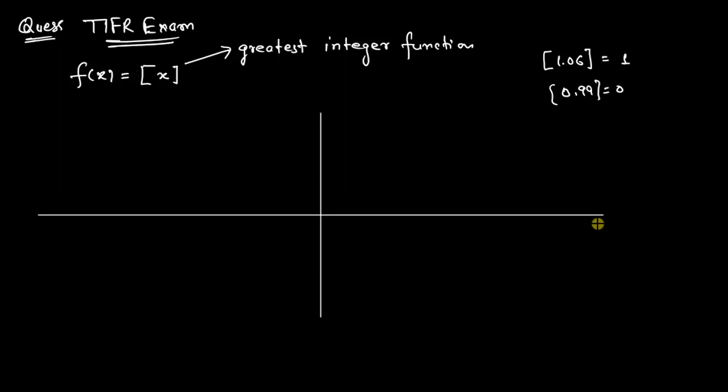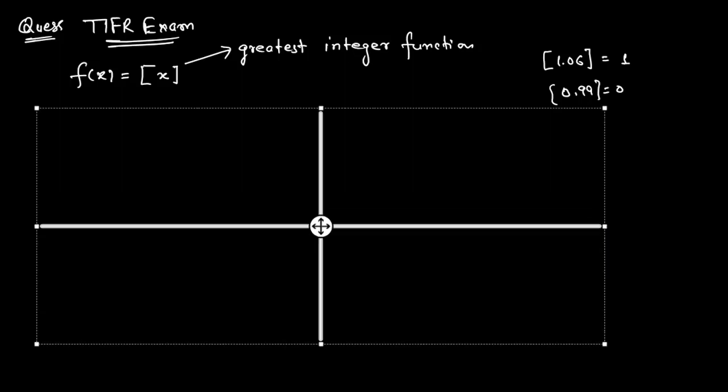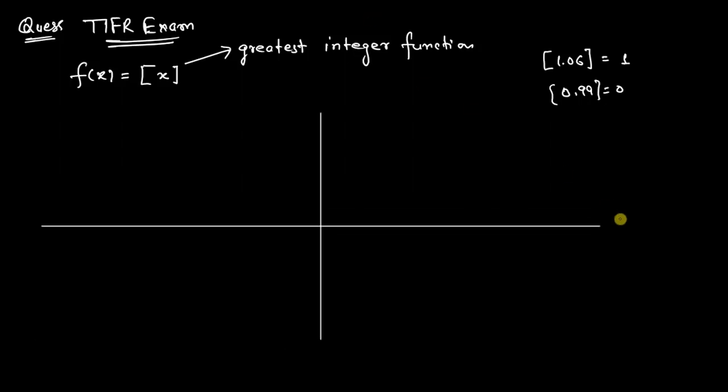Okay, so this is my x-axis and this is my y-axis where I will plot this function E of x. If I darken the bubble, it means this function is included at that point. If I just leave it open, it means that point is not included.